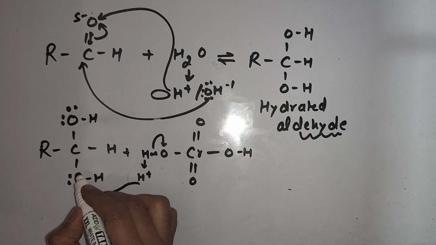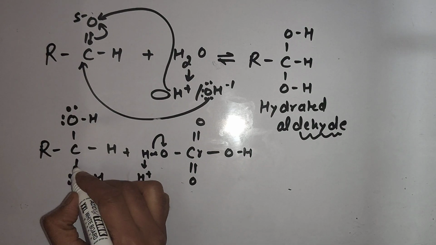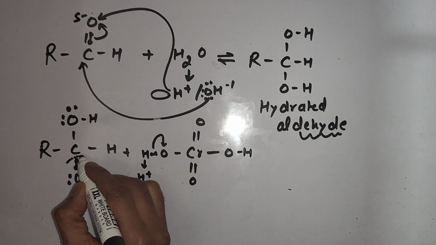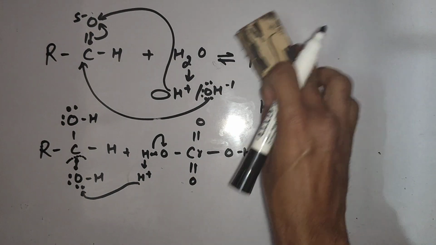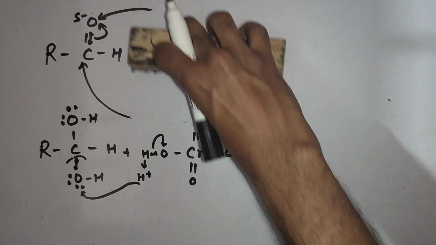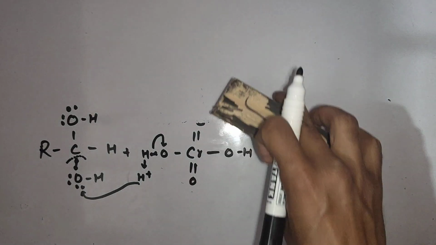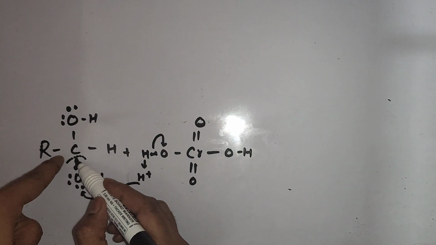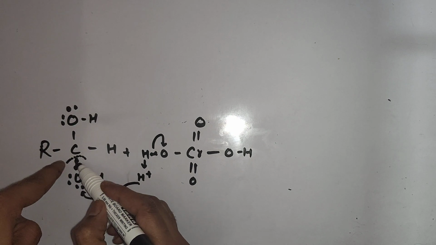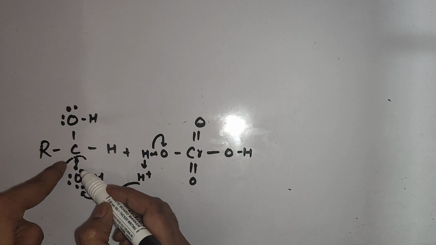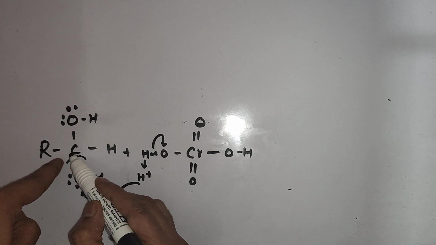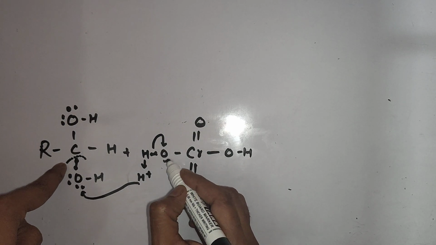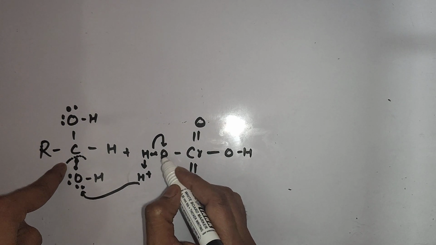Due to which oxygen will become unstable and will break bond from carbon. When oxygen breaks bond from carbon, electrons will go toward oxygen because oxygen is more electronegative, due to which on carbon positive charge will generate with a vacant orbital. That vacant orbital will be satisfied by this oxygen, which is getting extra electron.